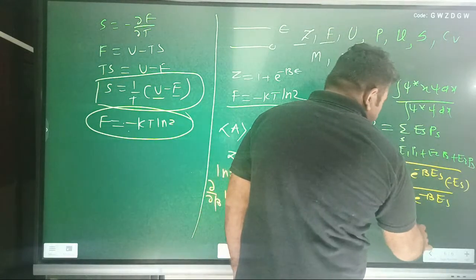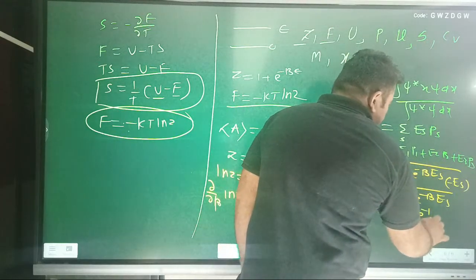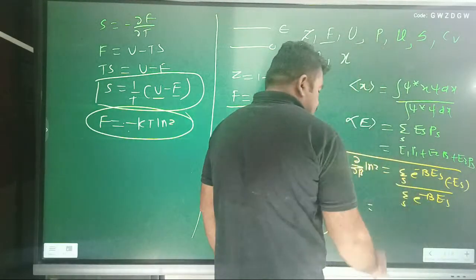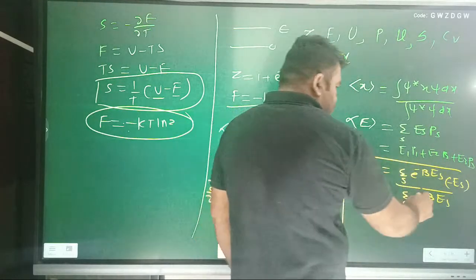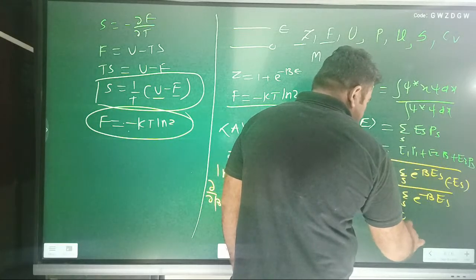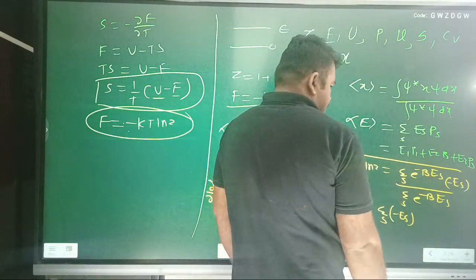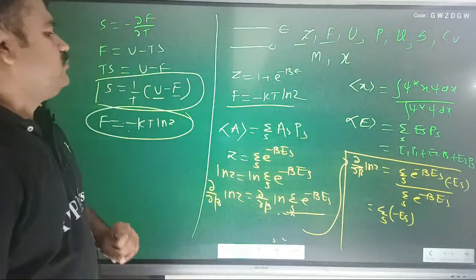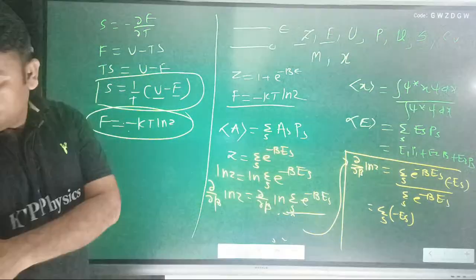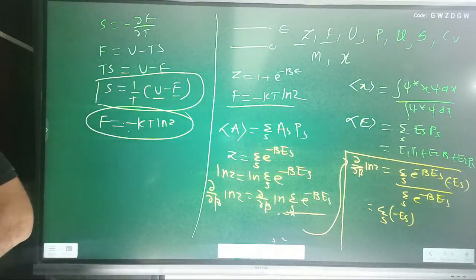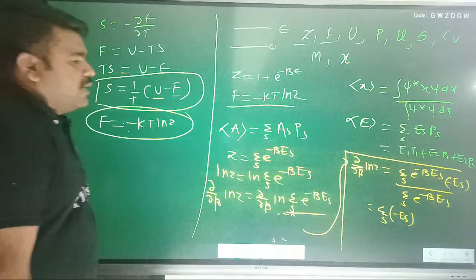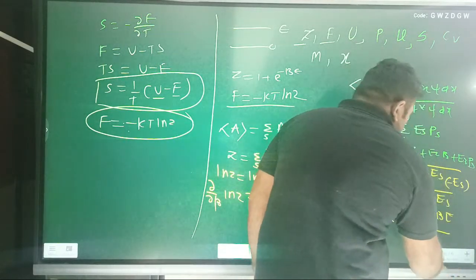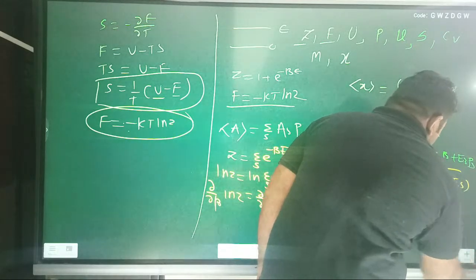Then this becomes the summation over s of minus E_s into e to the power minus beta E_s upon the summation over s of e to the power minus beta E_s.